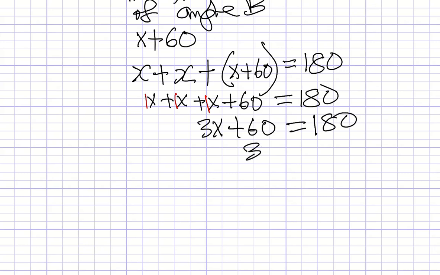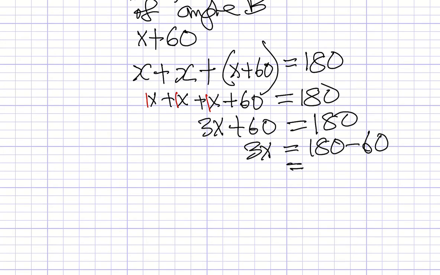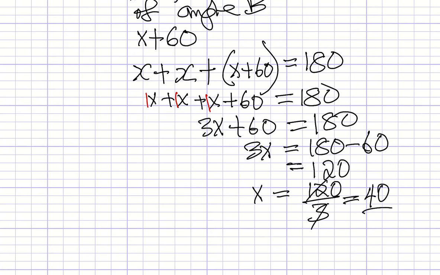So 3x is equal to 180 minus 60, which is 120. So x is equal to 120 over 3, and that's 40. So x is 40.